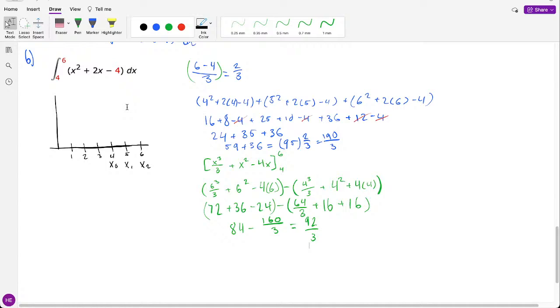Why is that wrong? Do I have to times it by 2/3 then? Is that what's going on?